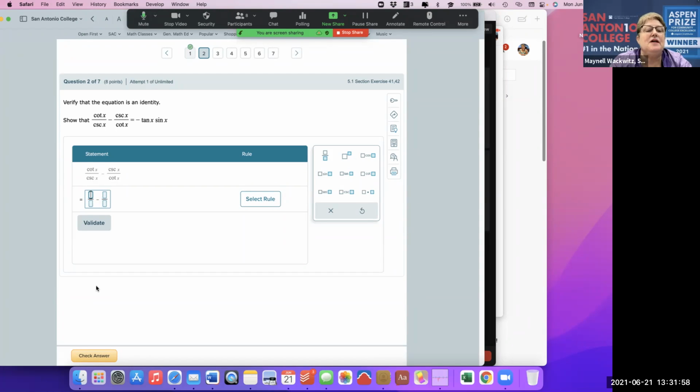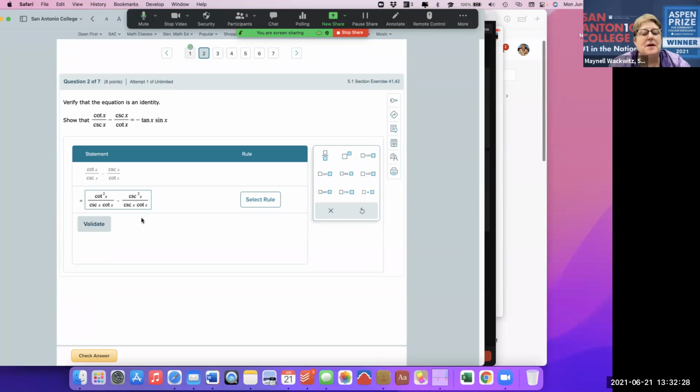Cotangent x over cosecant x will be cotangent squared x over cosecant x cotangent x. And then cosecant x over cotangent x will be cosecant squared x. And the denominator will be cosecant x cotangent x.